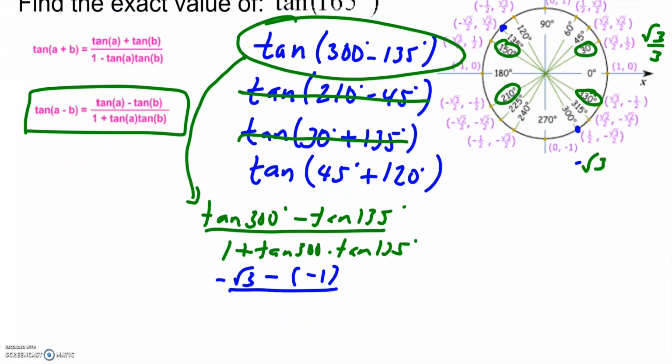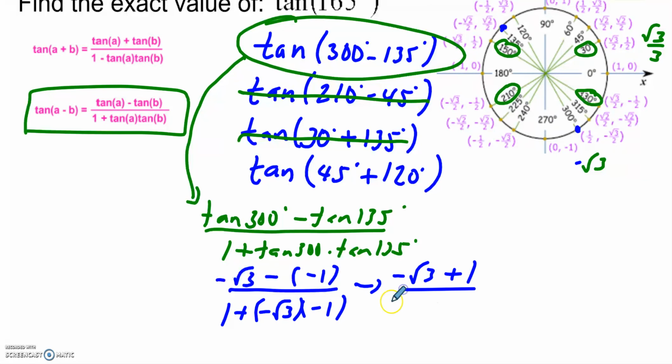In the denominator, it is 1 plus tangent of 300, we already said was negative root 3, and tangent of 135 was negative 1. So if we simplify this, it's going to be negative root 3 plus 1 in the numerator, and the denominator is going to be 1 plus root 3 because of the negative times negative.